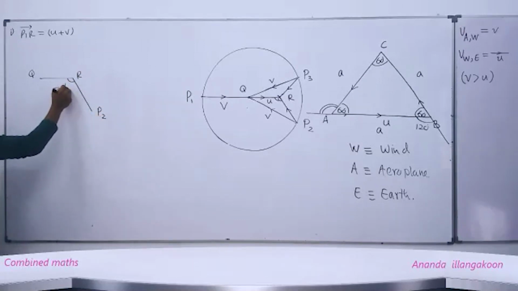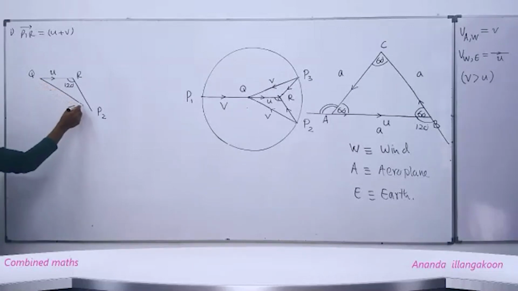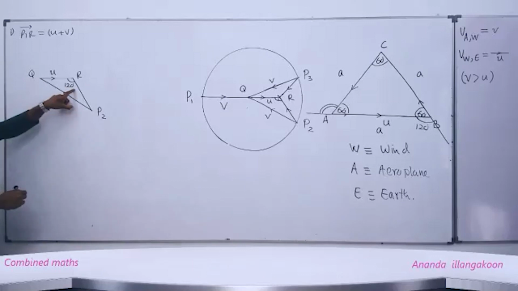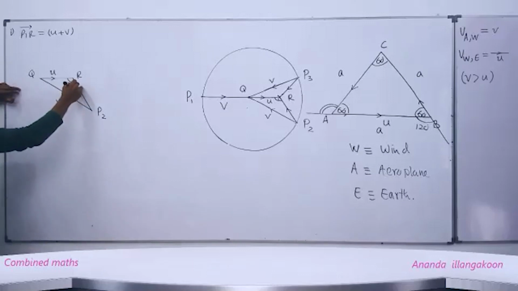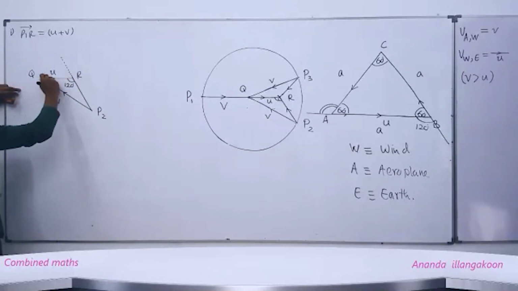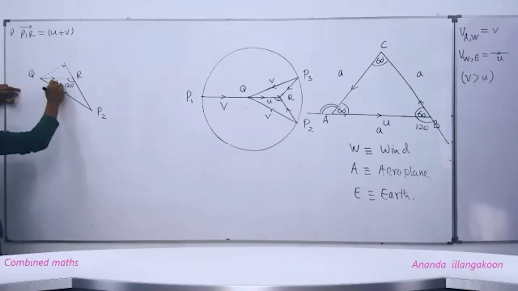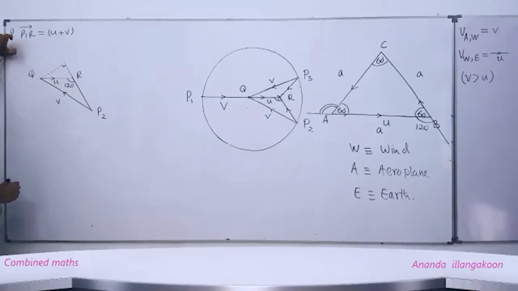This is V. This is, people, B. Since here we have 120, once we produce this way the P2R line, people, I can prepare this way a right angle triangle. This is U. This is a right angle triangle we can prepare.